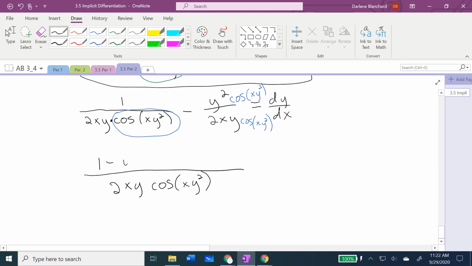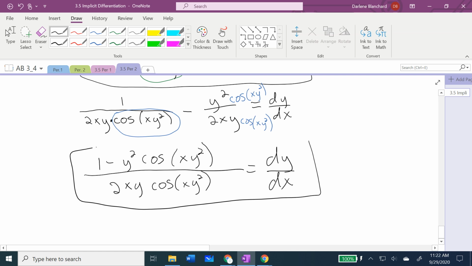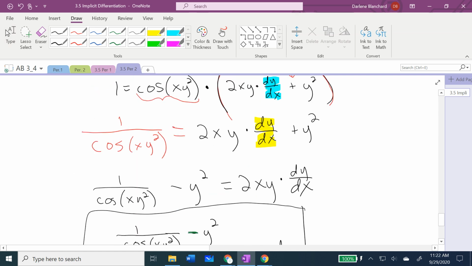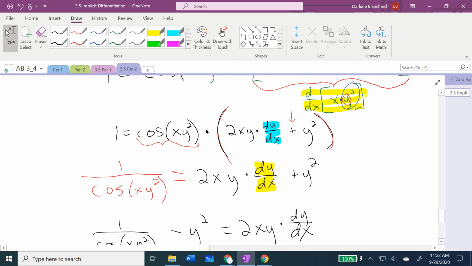And subtract the numerators. And this is the answer I would have gotten possibly more quickly if I had dealt with the distribution right in this spot right here.